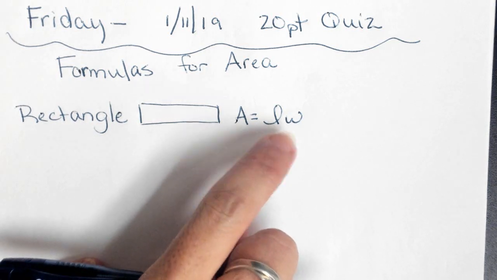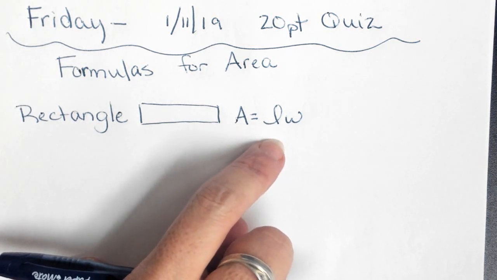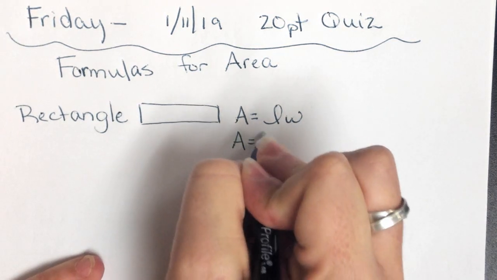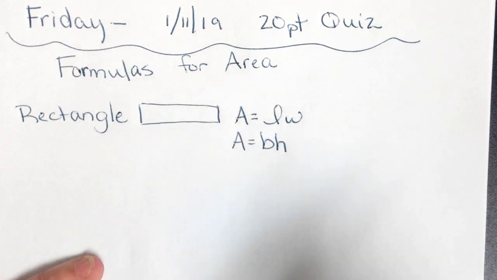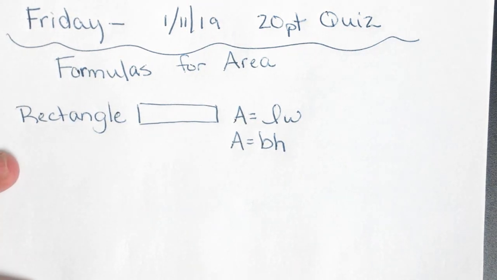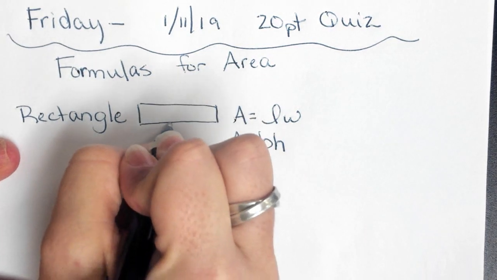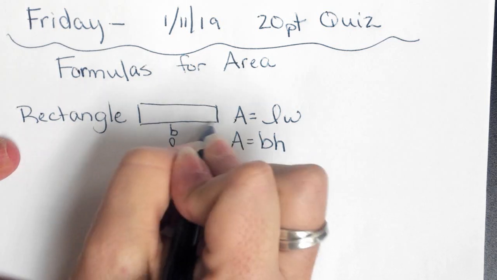Or this is the formula I would use, which is area equals base times height. And here is why: it's the same formula for a parallelogram. Your base is what it's built on, or your length, like that side.